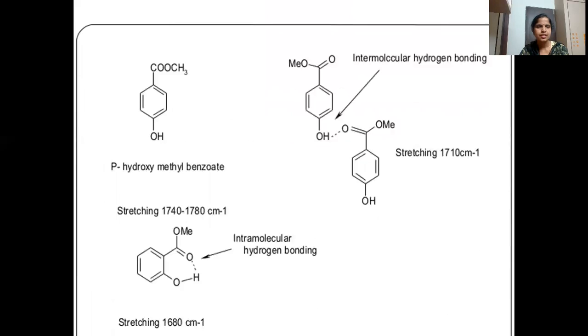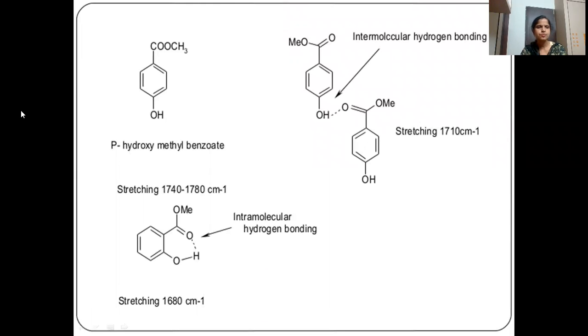We'll see with an example here. This is para-hydroxymethyl benzoate. Here are two molecules of para-hydroxymethyl benzoate participating in intermolecular hydrogen bonding. And this is another isomer of that where the OH group is ortho. So this is the ortho isomer, ortho-hydroxymethyl benzoate, which is showing intramolecular hydrogen bonding.